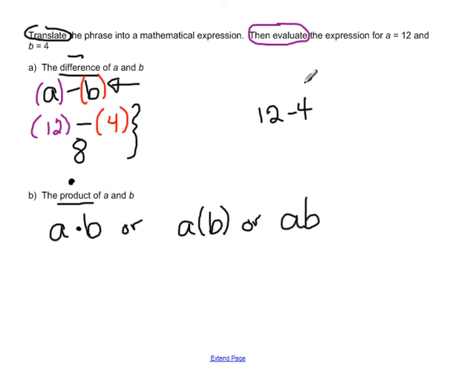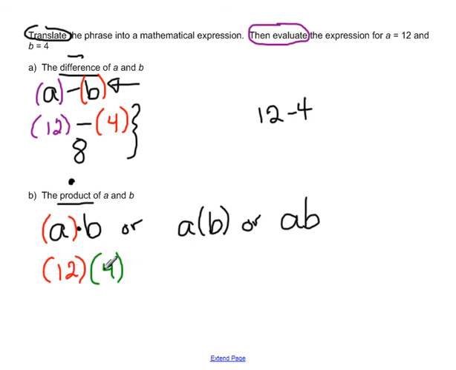Now if we do the evaluate part, remember we have to do both. We've translated, and so now we're going to evaluate. The value for a that they gave us was 12, so let's take that a and put in the 12, and the b they told us was 4, so let's put in the 4. You can see here where those parentheses are now really helpful to help us see the multiplication that's going on when we do that substitution.